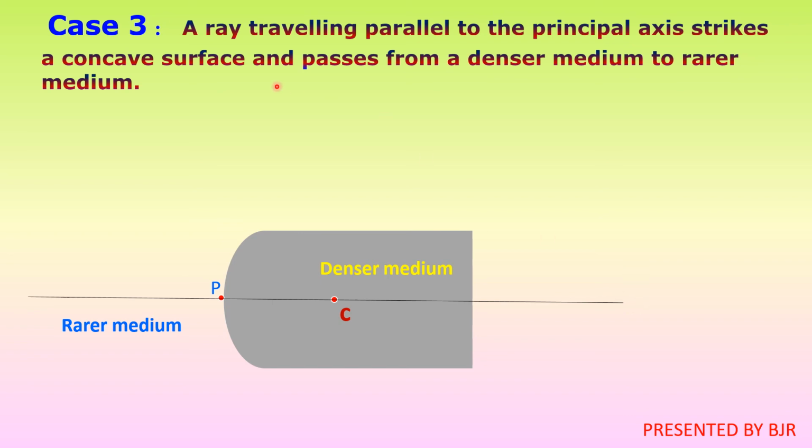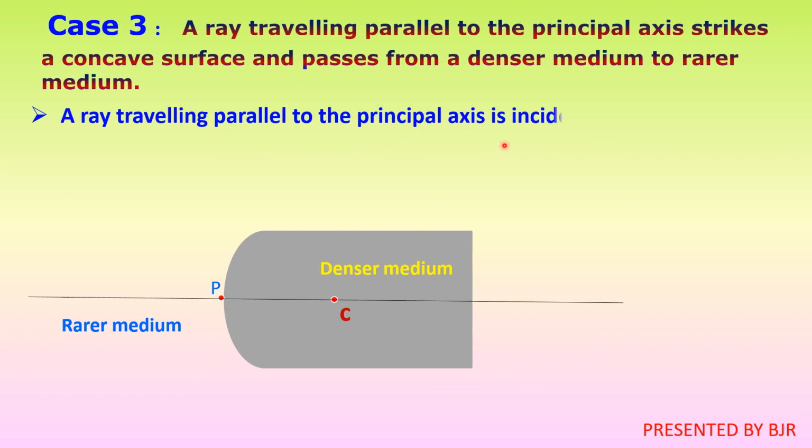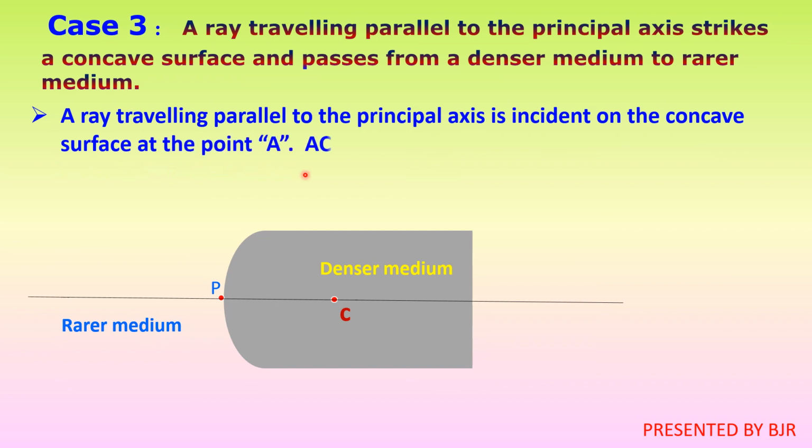Now, this ray is traveling parallel to the principal axis and strikes a concave surface. So, see here, a ray traveling parallel to the principal axis is incident on the concave surface at the point A. So, AC is the normal, and this is the incident ray.